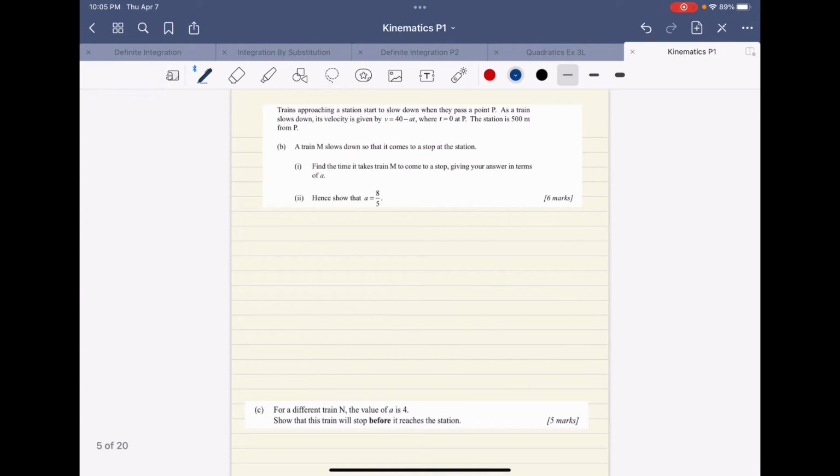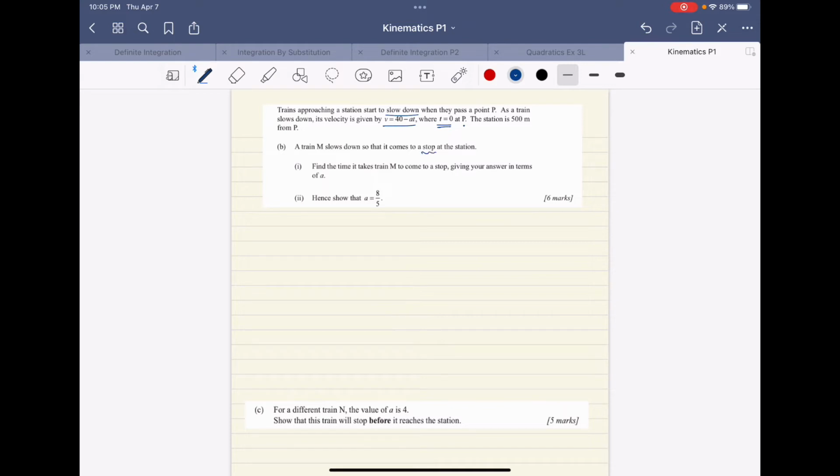Second part. Trains approaching a station start to slow down when they pass a point P. As a train slows down, the velocity is given by v = 40 - at, where t is equal to 0 at P. The station is 500 meter from P. A train M slows down so that it comes to stop at the station.